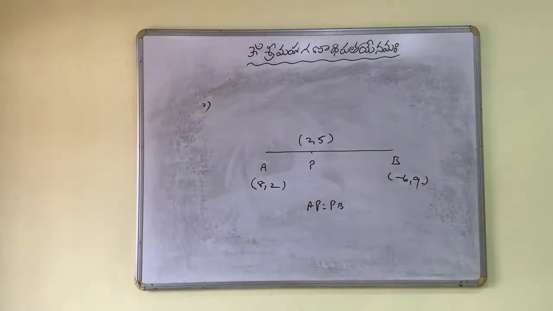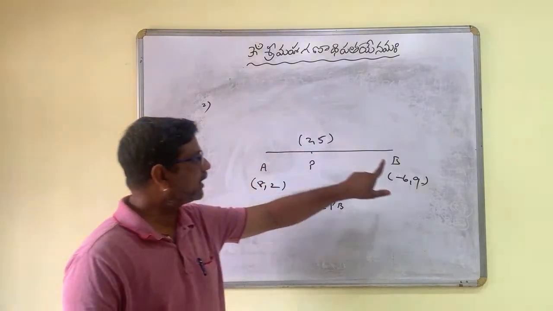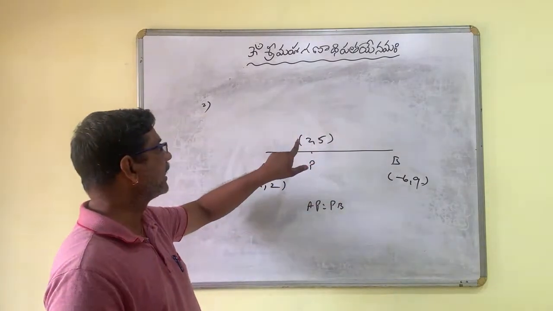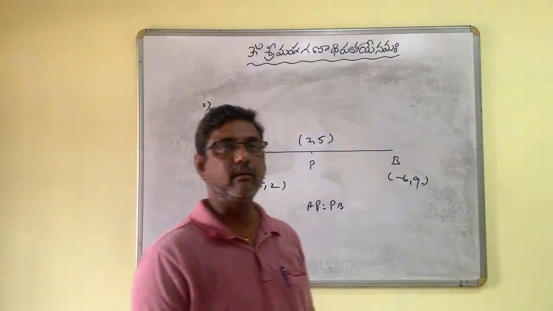See here, this is the second type of questioning. Coordinates of A given, coordinates of B given, coordinates of P also given. You need to find out the ratio.